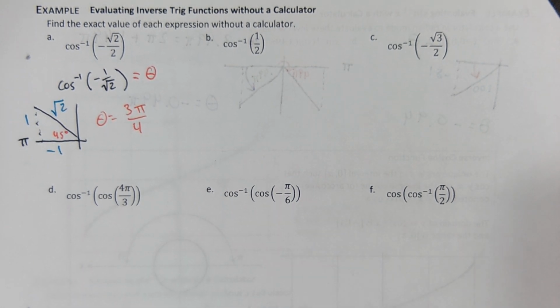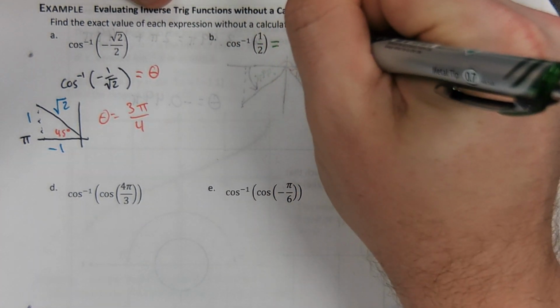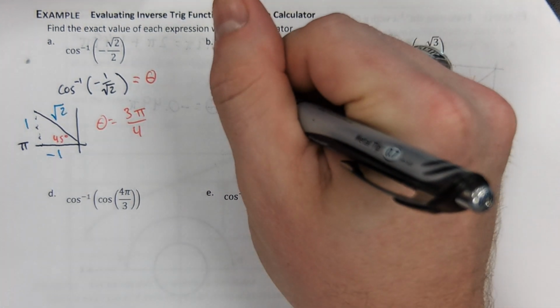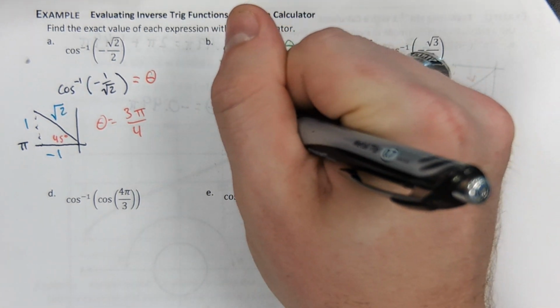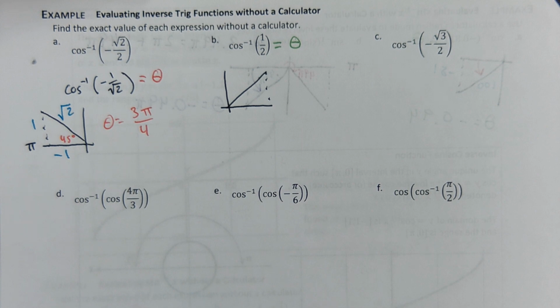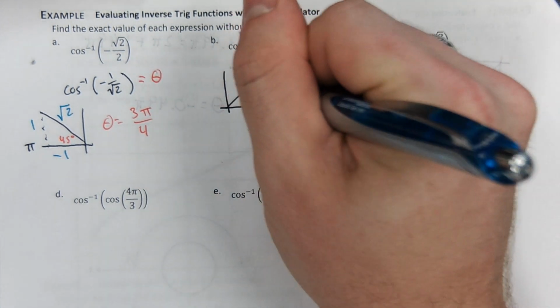All right. This one says there is an angle such that cosine of that angle gets me positive 1/2. Well, where's the first time cosine is positive? Quadrant 1. X over r.